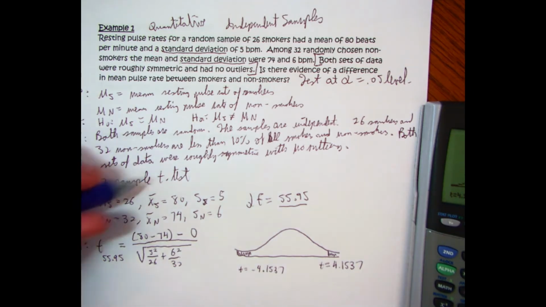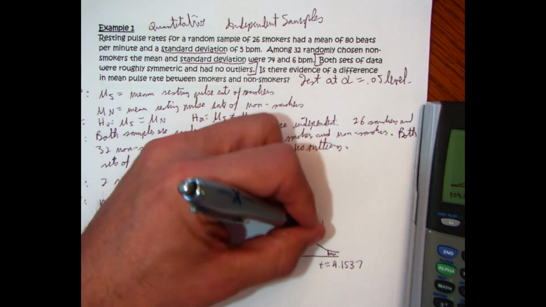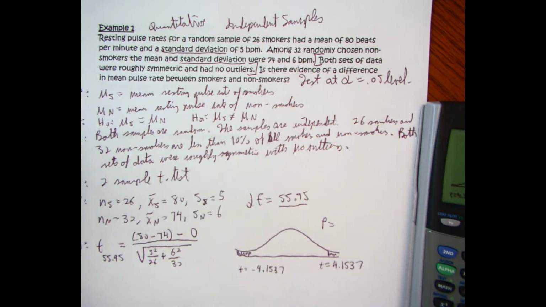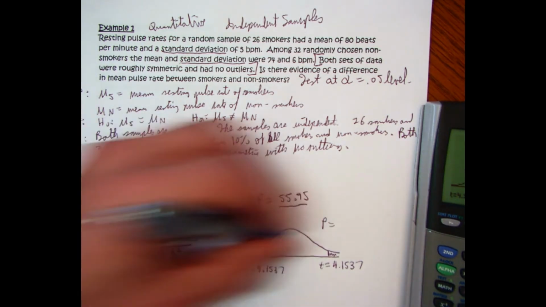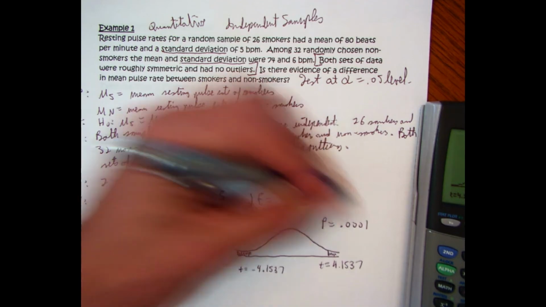So you've got to shade both tails. The area that's shaded in the two of those is 1 e to the negative fourth, so that's 0.0001.